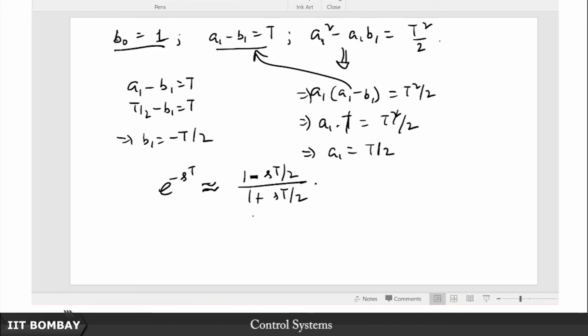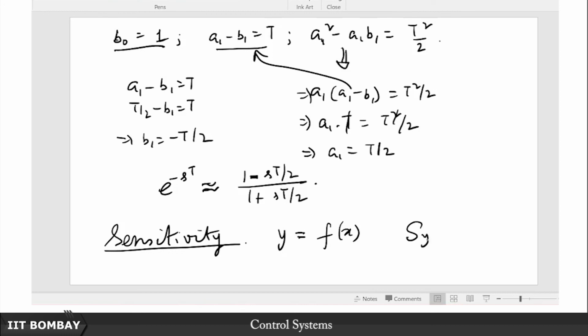In today's lecture I would like to wind up by mentioning another critical aspect. This is a term that we've already heard of, but I just want to revisit that term in the context of a root locus. Recall sensitivity: if you have y is equal to f of x, some function, then you want to find out the sensitivity of y with respect to x.